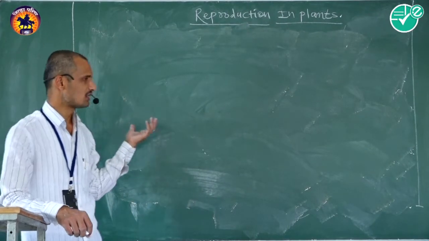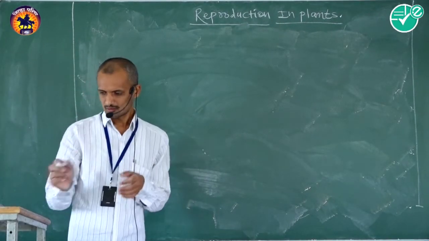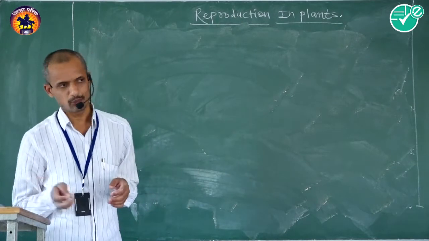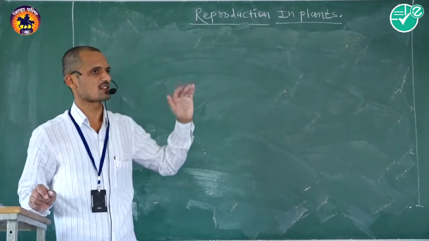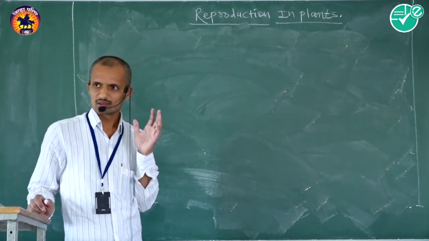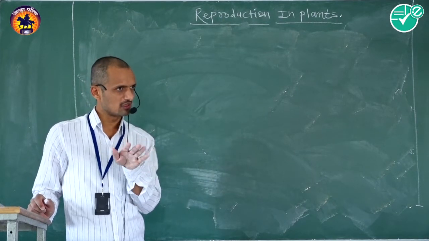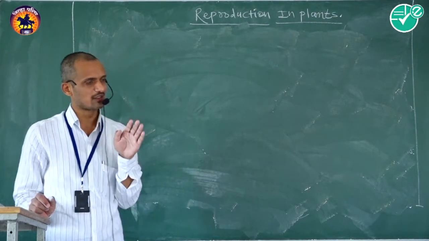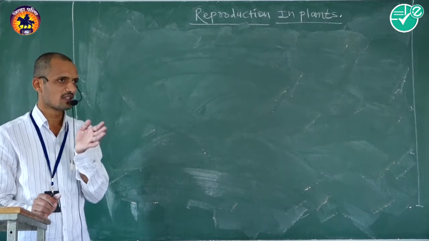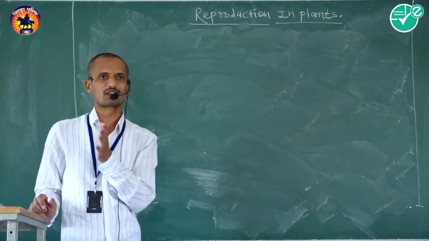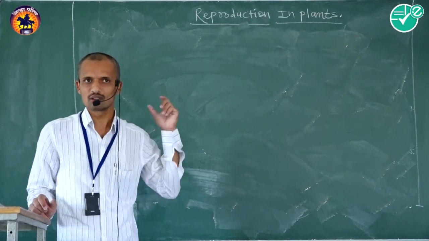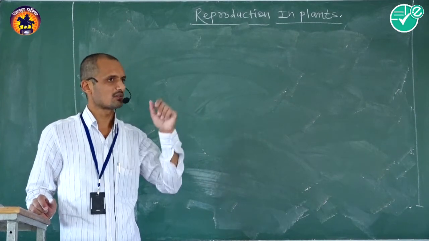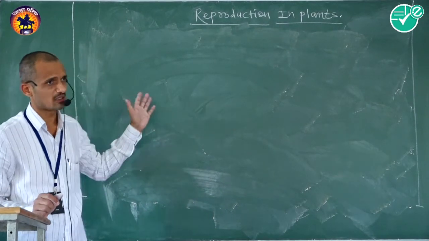Disease resistance capacity of new plantlets becomes less. Tolerance ability becomes less. Yield is also less in these self-pollinated varieties. That is the demerits.